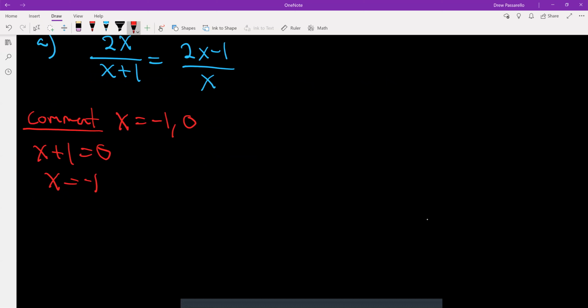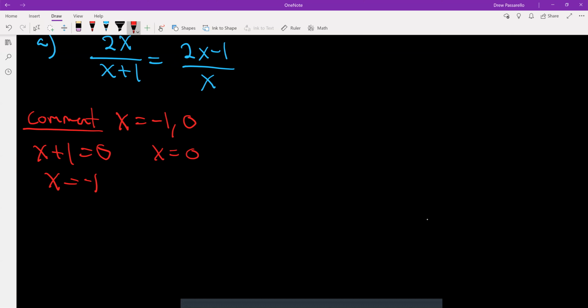So if you were to plug in -1, that'll be like -1 plus 1, which is 0. So you can't divide by 0. And then the other one's just x, so then it's just x equals 0.